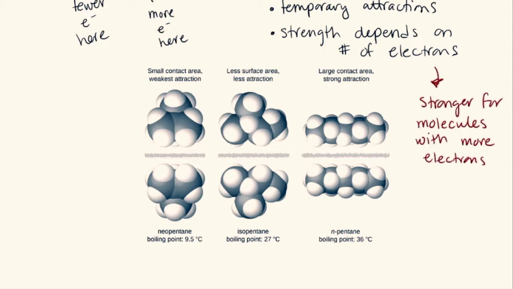And then lastly, what this picture is going to show is that it also can depend on the surface area of the molecule. How much area is there for the two molecules to interact with each other?